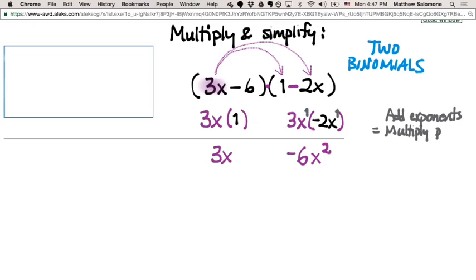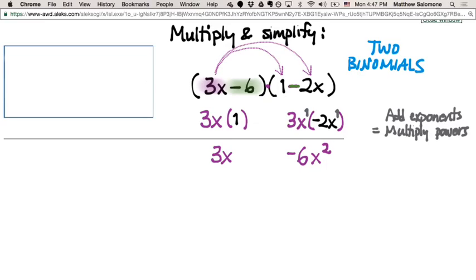Okay. Great. So that takes care of the product of the 3x term from the first factor with both of the terms from the second factor. So now what happens with the minus 6? Do the same thing. That minus 6, because it's a part of my first factor, also needs to distribute across the subtraction from the second factor.